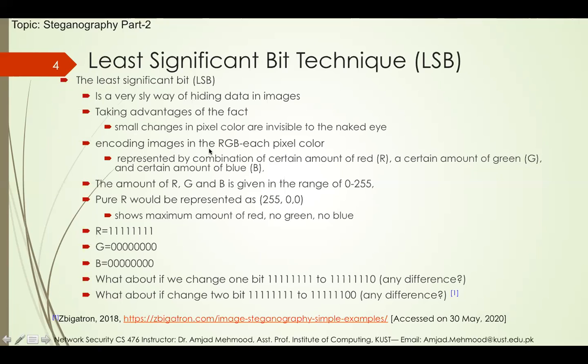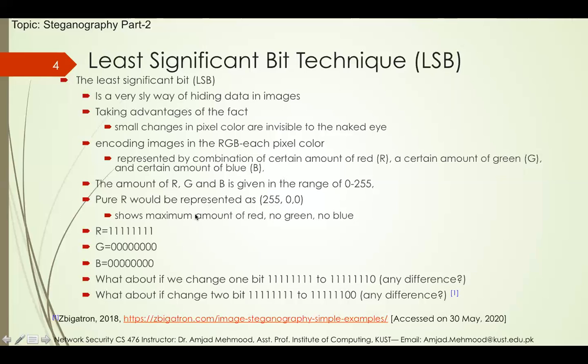Encoding images in red, green, blue pixel colors: each pixel has a certain amount of red, a certain amount of green, and a certain amount of blue. The amount of red, green, and blue in each pixel is represented in the range of 0 to 255.